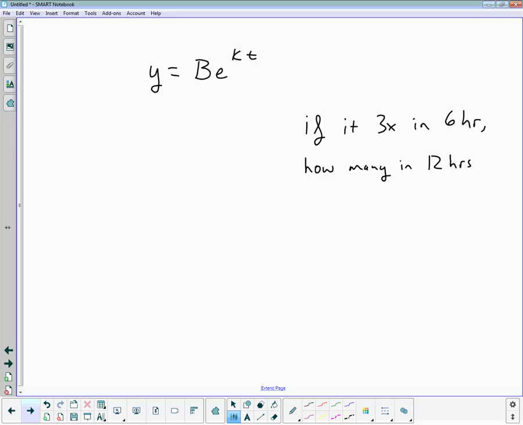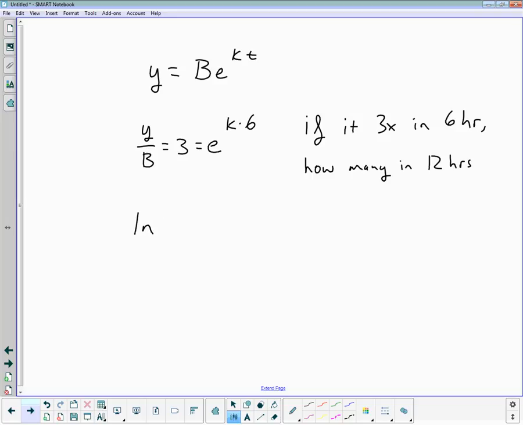Okay? So we have to find what k is. So we're going to use the information that we were given to find k, and then we're going to use that k to answer the question. So if it triples in 6 hours, that means y over b is equal to 3, and it happens in 6 hours, taking t in hours.